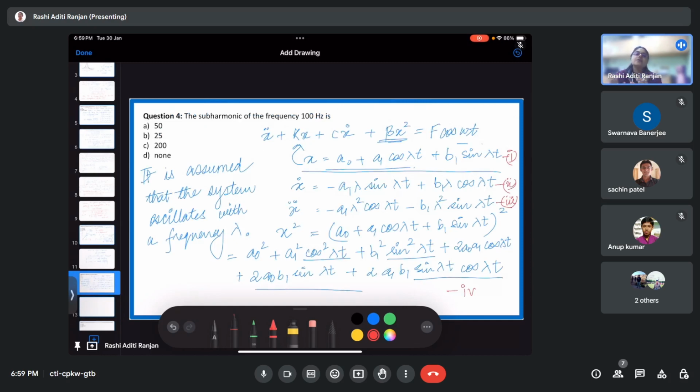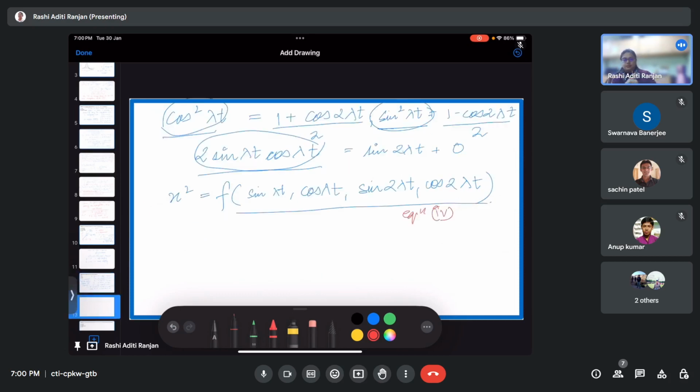These are just going to be the sum of cos of lambda t, sine of lambda t, cos of twice of lambda t, sine of twice of lambda t, and a constant value. Those coefficients are going to be some algebraic summation, multiplication, or subtraction, everything included, of a naught, a1, and b1. So as I don't want to solve this, I am just trying to give an idea about subharmonic and superharmonic. So I'll not solve it. I'll just write it in this term.